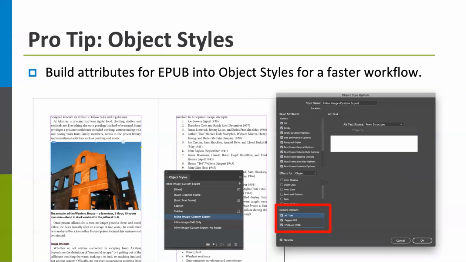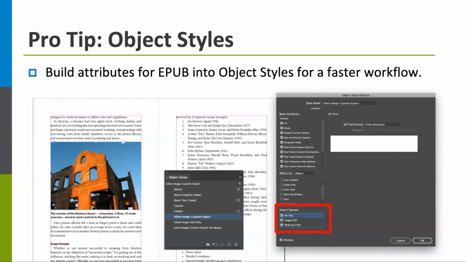Additionally, down here, I've got an alt text field. This is all the stuff we saw in the object export options dialog. I can set it all here. Now, the only time I would recommend adding your alt text here is if you know you can reliably choose from something like XMP metadata.